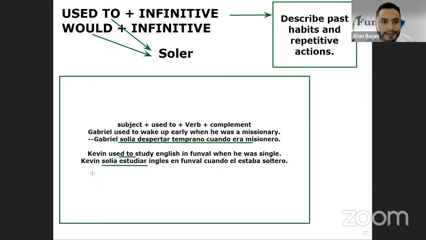Are we understanding the purpose of used to? Is that clear?